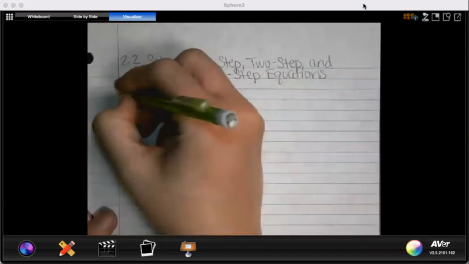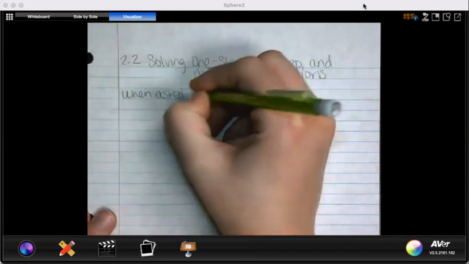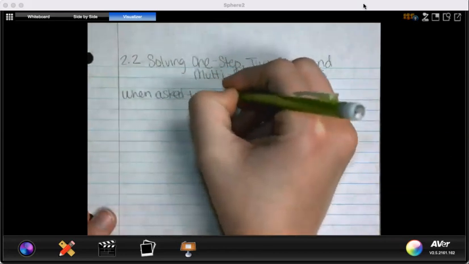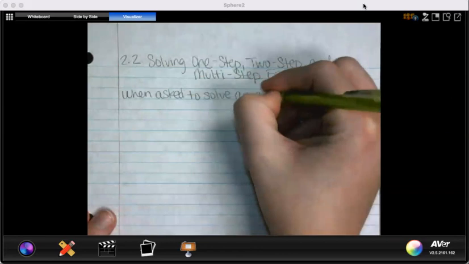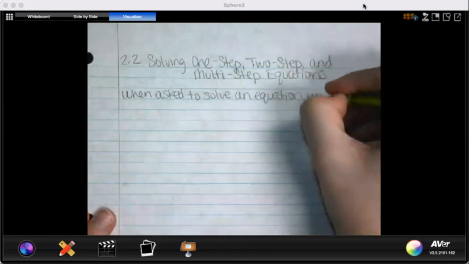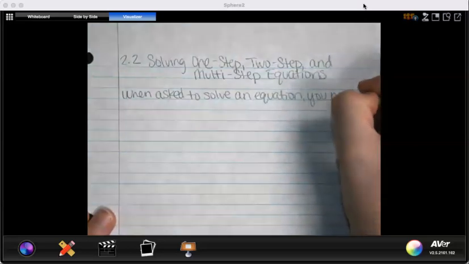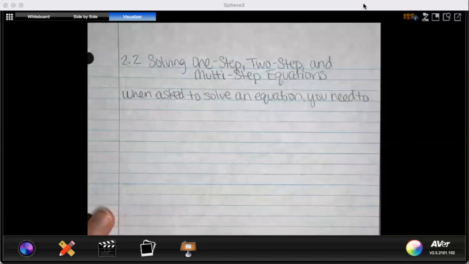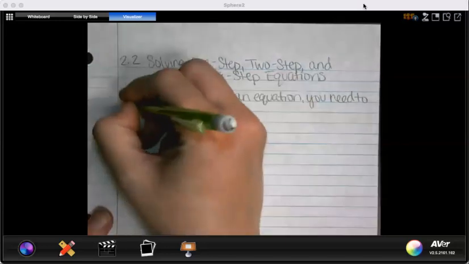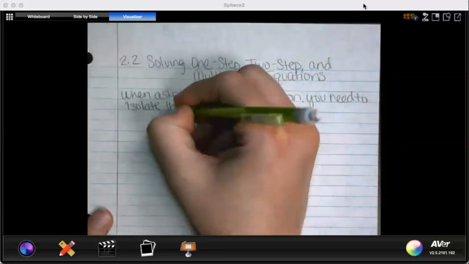So, when asked to solve an equation, you need to isolate the variable.